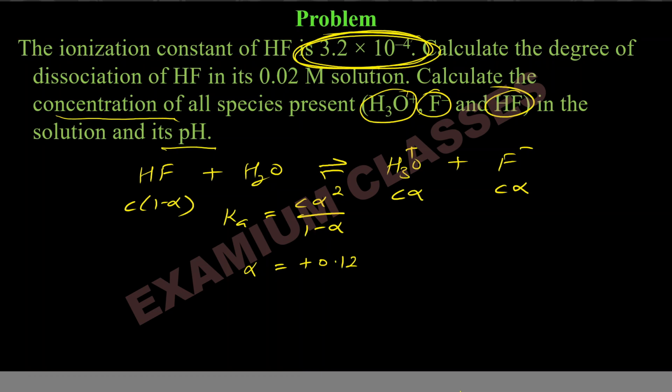Otherwise, if you have to calculate the fluoride ion concentration and hydronium ion concentration, you will have to calculate from both. That is, hydronium ion concentration C alpha from here and from water as well. That will be the final hydronium ion concentration, and that will give you the final pH. So once you got hydronium ion concentration, you will say minus log hydronium ion concentration to get pH.